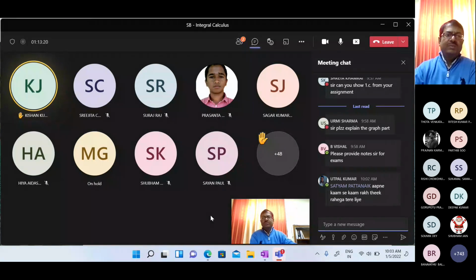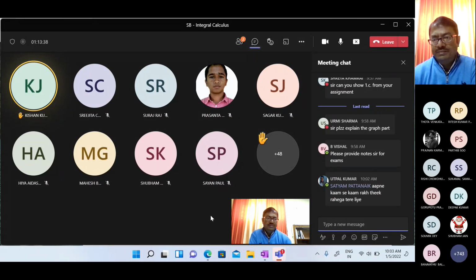So those who have problem, you try to contact with your friends, or still if you don't get your password, then you contact with support system in NIT Durgapur. You will go to support, then you will get one email. So any problem you mail there.